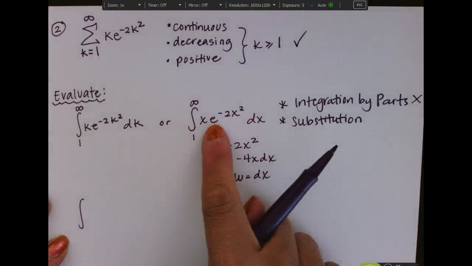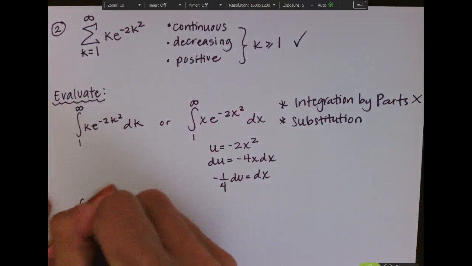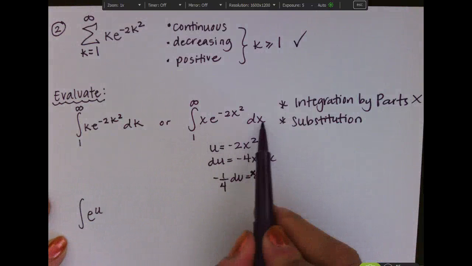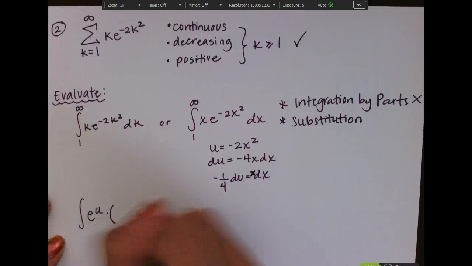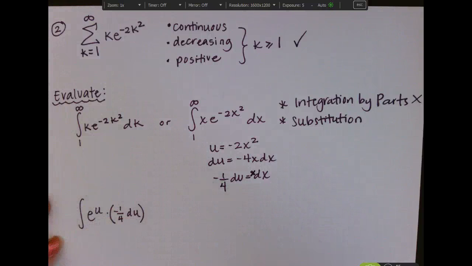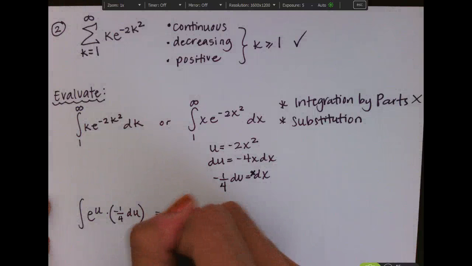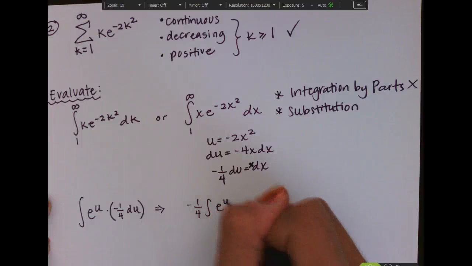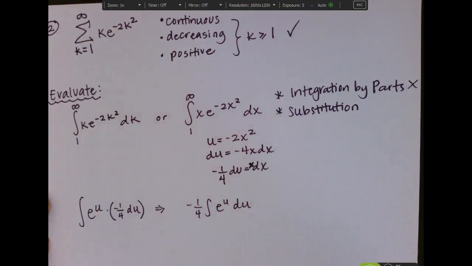From there, let's make the substitution. So we've got e to the u, and then, oops, I forgot my x in here, which is important because x dx is equivalent to negative 1/4 du, but then of course that negative 1/4 can be pulled out in front so that we're really just integrating e to the u du.